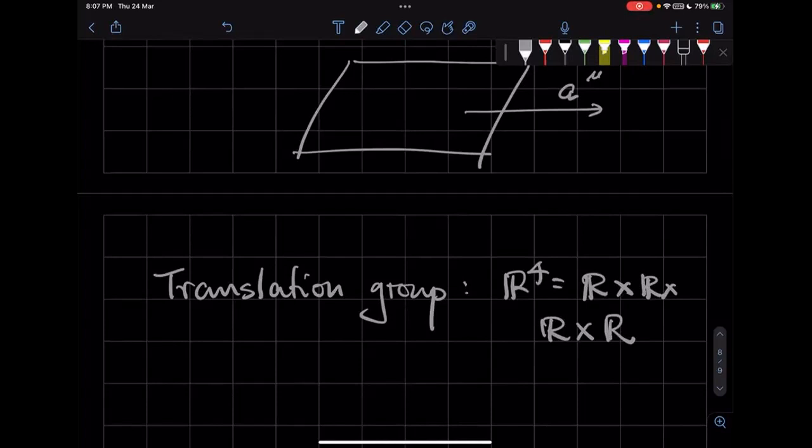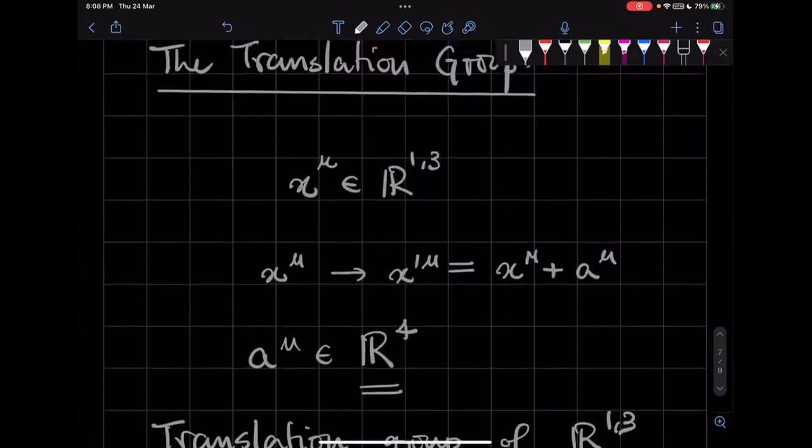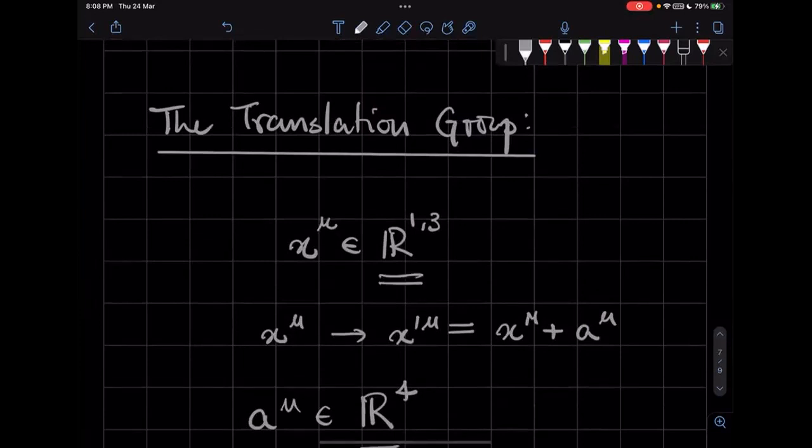So, I'm a bit confused that we are adding an element from a Euclidean space to an element in the Minkowski space. Is that possible, that addition? Yeah, no. So what we mean by R1,3 is R4 with eta mu nu as the metric tensor, as the way to measure distance instead of delta mu nu.